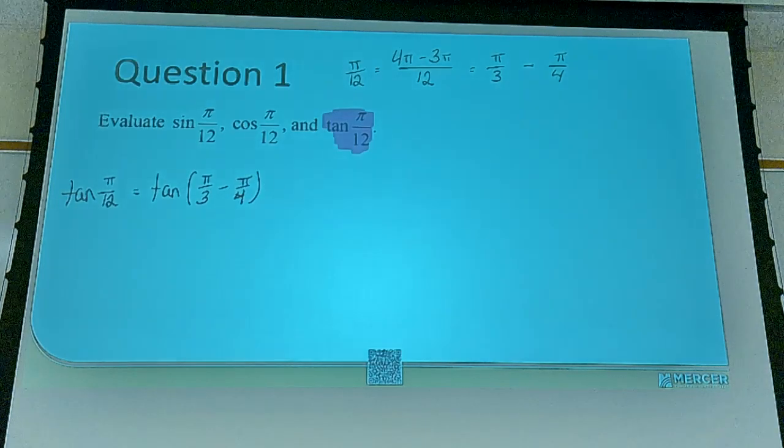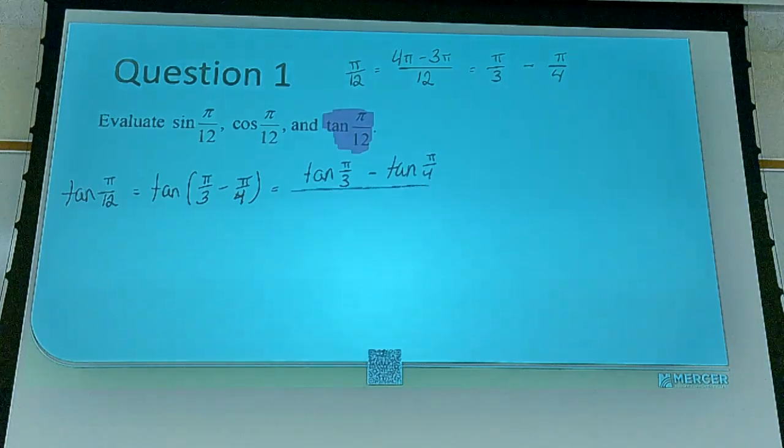Tangent. Let's use the identity on tangent, not sine over cosine. The tangent of pi over 3 minus tangent of pi over 4 over 1 plus tangent of pi over 3 times the tangent of pi over 4.